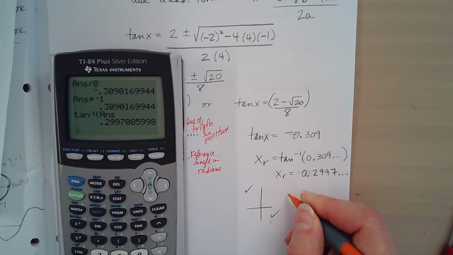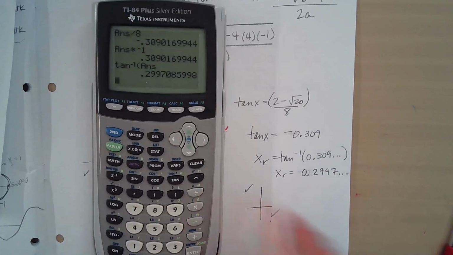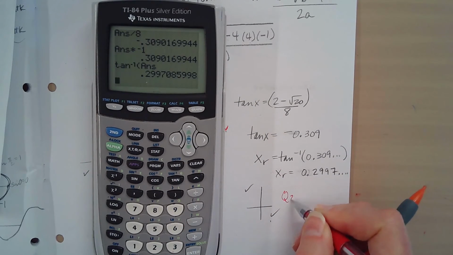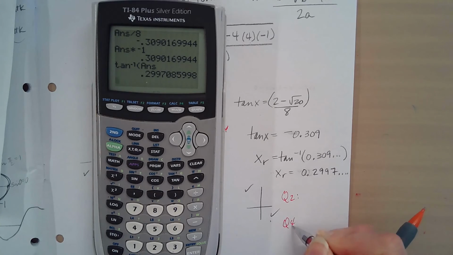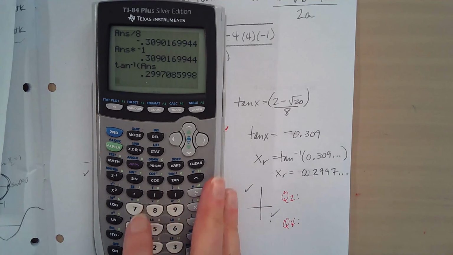And I've got quadrant 2 and quadrant 4. Okay, so I'm going to store this again.